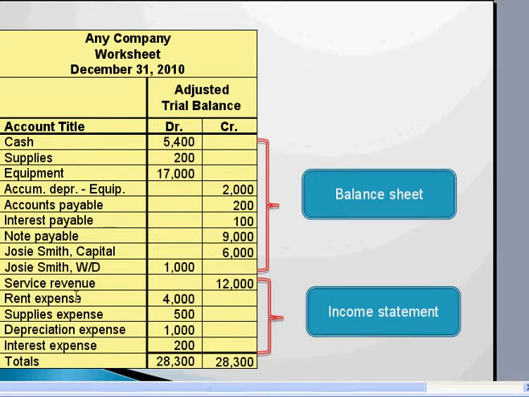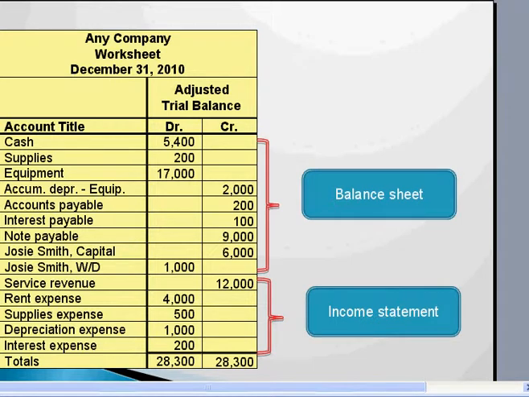Okay, so the first thing you would do would be to pull the service revenue and all the expenses off to do your income statement. You would come up with your net income or loss. That would flow to the statement of owner's equity, and then you would compute your balance sheet from these amounts in the adjusted trial balance column.